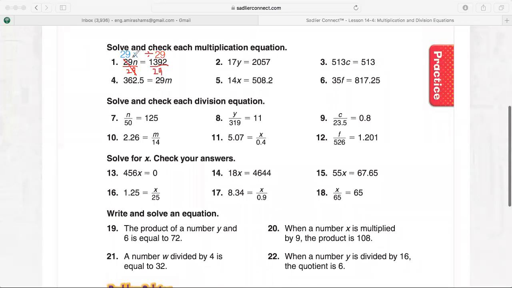So now the variable is isolated, my variable n. On the other side, I have long division. 1392 divided by 29. When I divide the two numbers together, I get n is equal to 48.